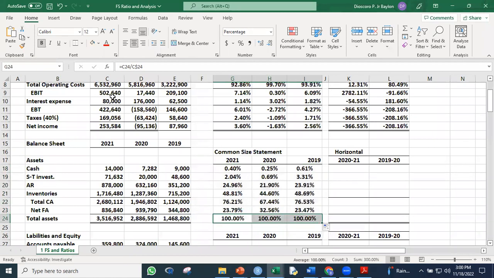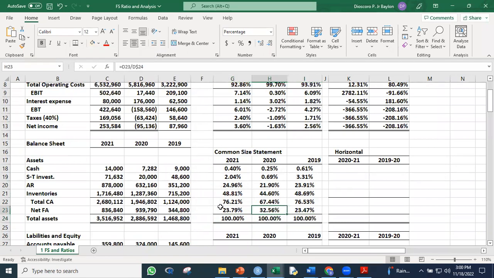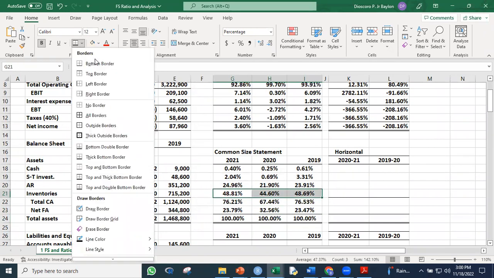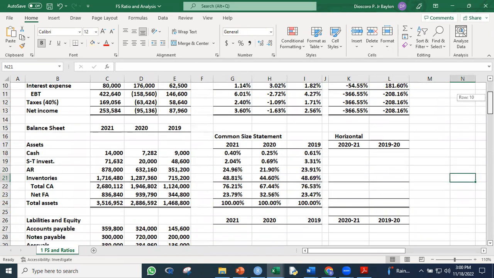Okay, and then I'm going to put the formatting. Okay, this is the last one. All right. So that is for the asset side.